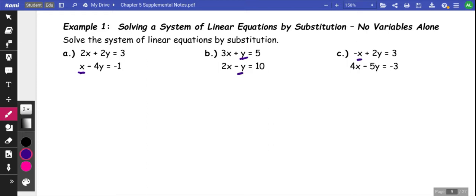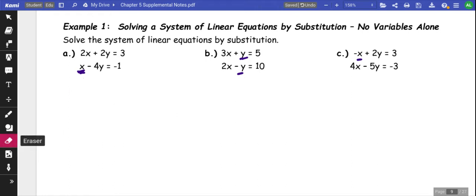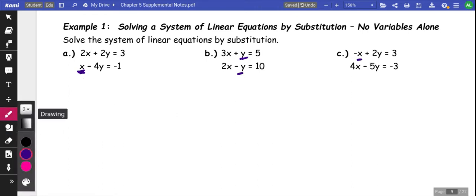So I've identified, okay, this is the only variable I have with no coefficient, so I'm going to stick with that. I want to get just x on its own. In order to do that, I'm going to need to move this -4y. So I need to add 4y to both sides. So I get x is equal to 4y minus 1.